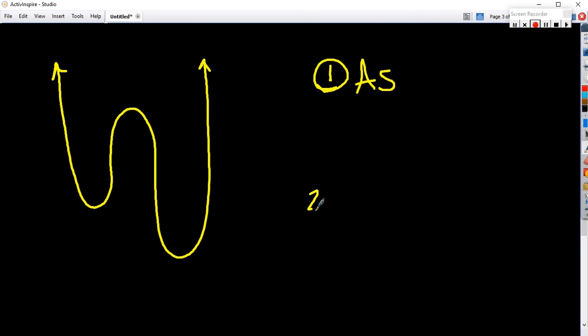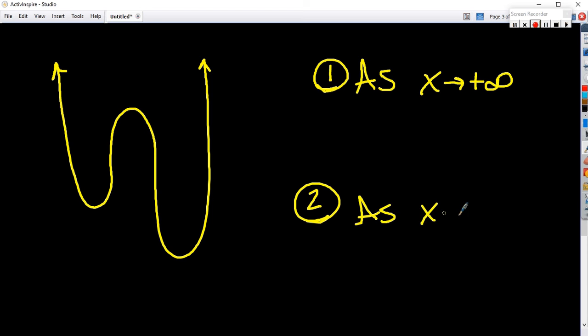Alright, number 1. As x, those ends are always a left end and a right end. Does that make sense to everybody?